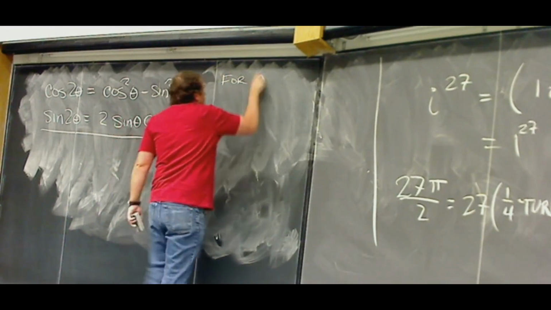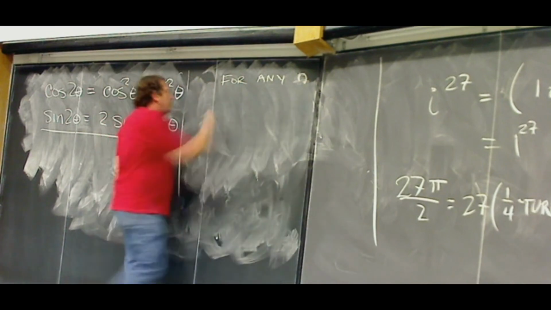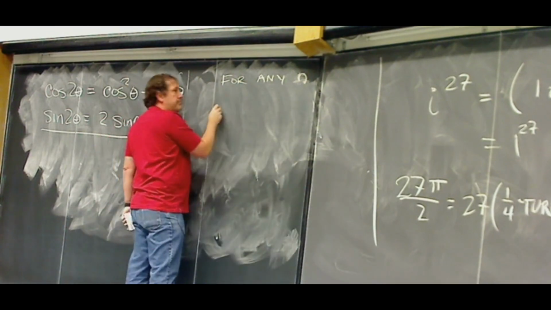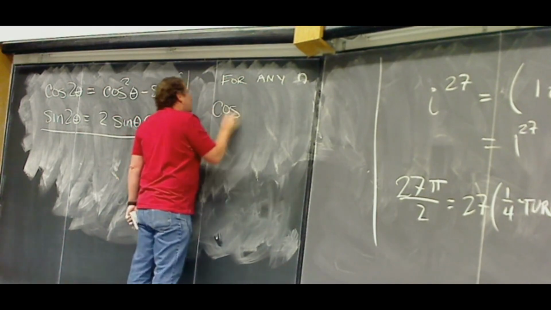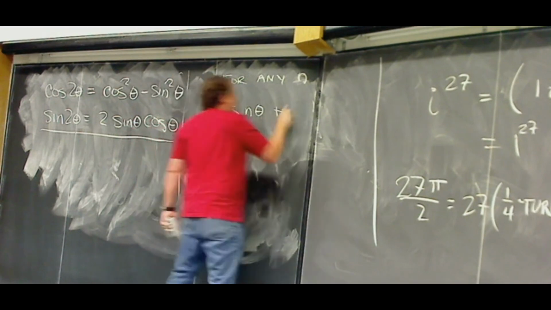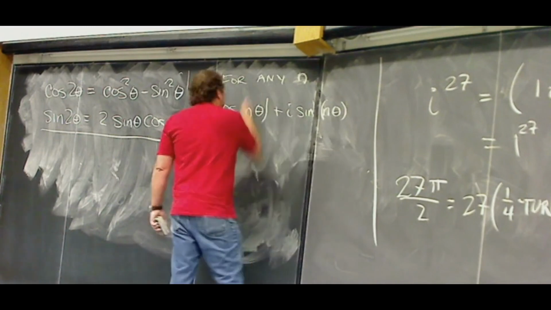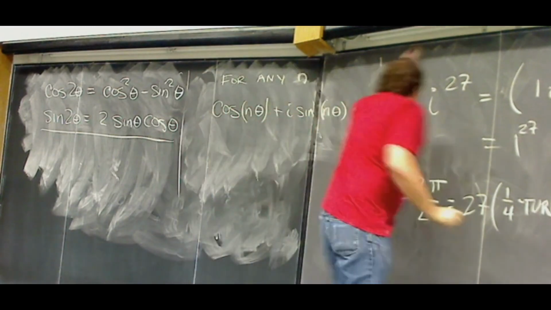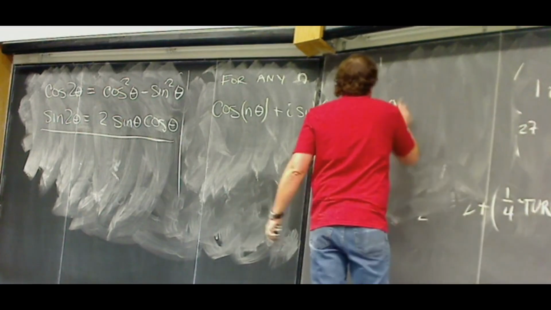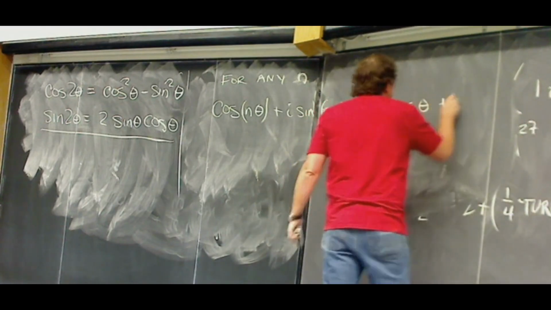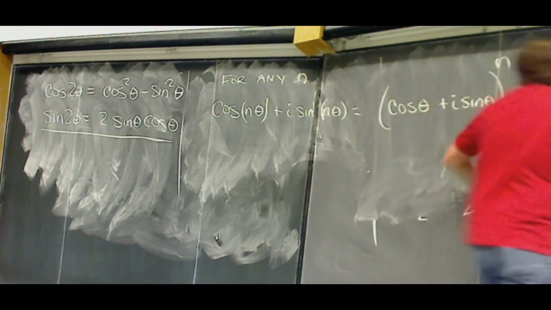For any n, for any choice of multiple, De Moivre's formula says that cosine n theta plus i sine n theta equals cosine theta plus i sine theta to the nth power.